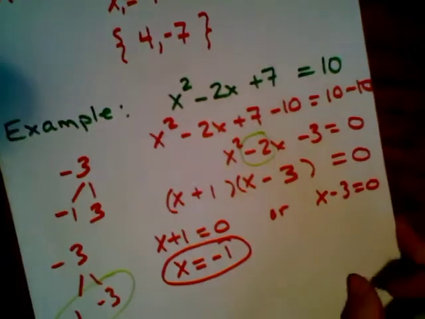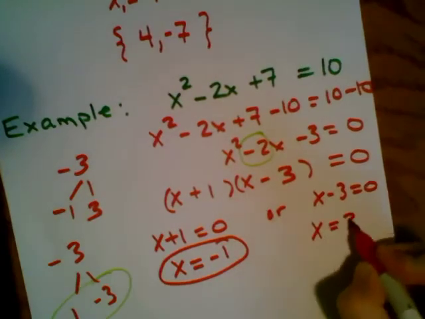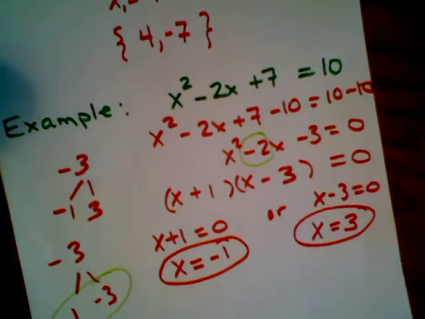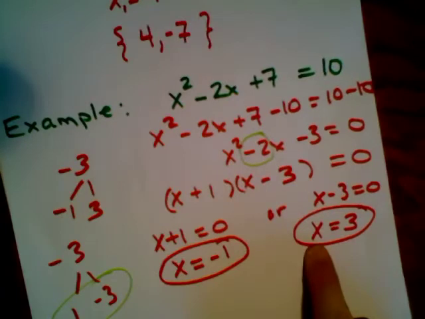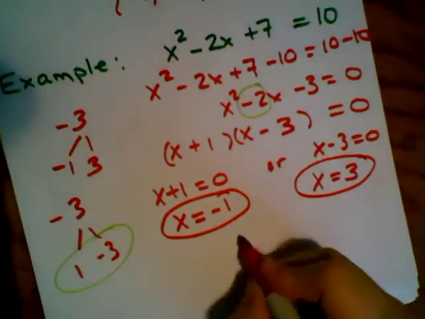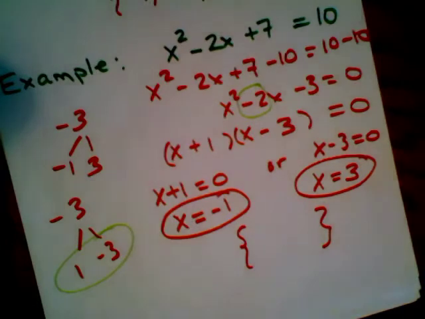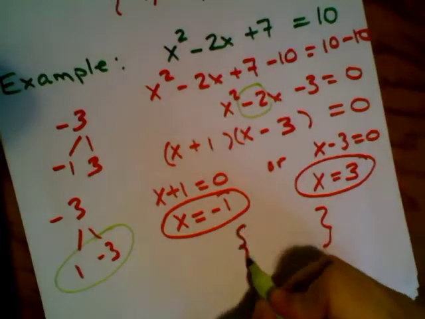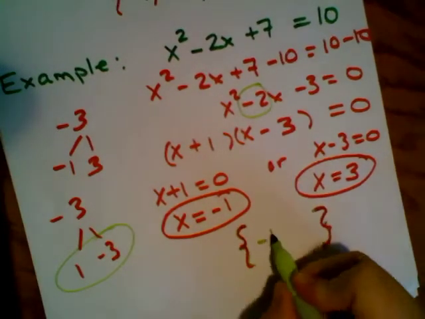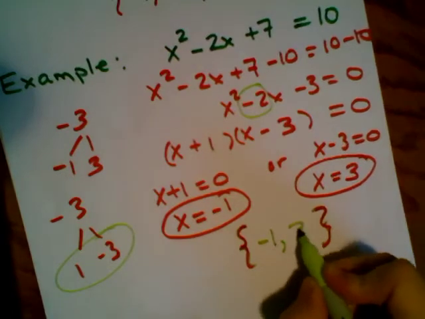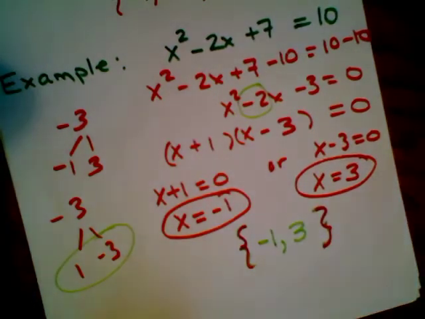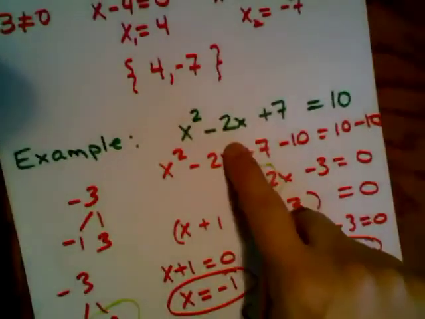In the second linear equation, if I add 3 to both sides, the result is my second solution, because I've isolated x. And my solution set for my original green equation, maybe I'll go back to green, is the set negative 1, comma 3. I've listed two values that will make the original equation true.